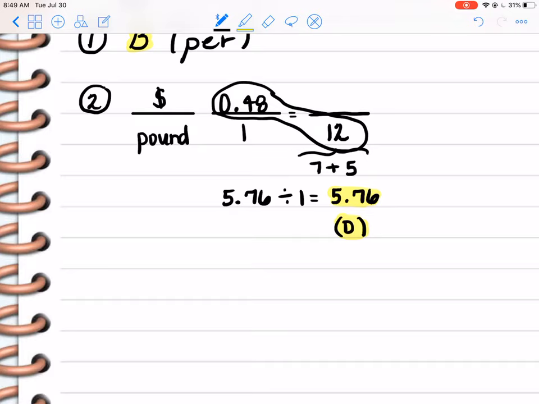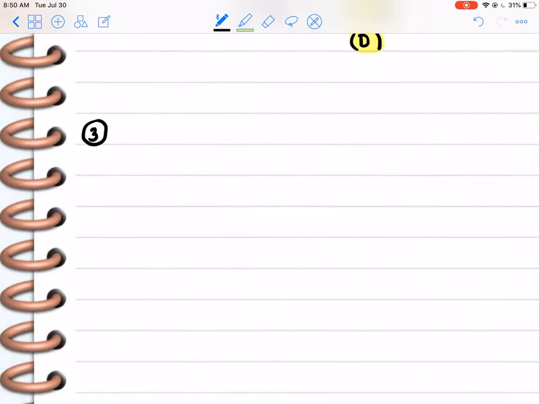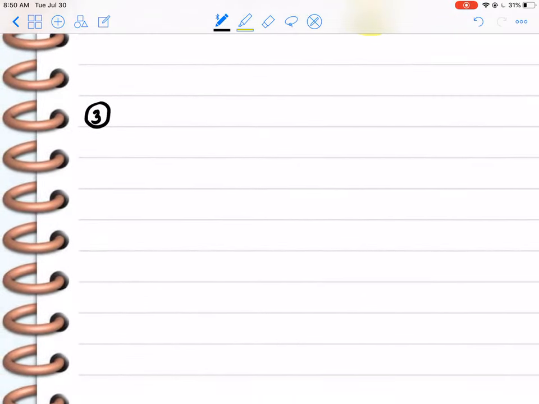Okay, number 3. On a horse farm, there are 24 cows, 16 chickens, 20 horses, and 15 pigs. Which ratio is the greatest? So we're going to have to set up ratios for all 5 of these options and then figure out which one has the greatest value.